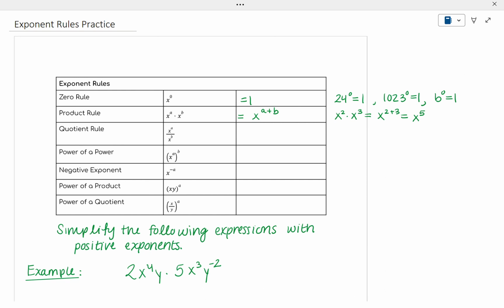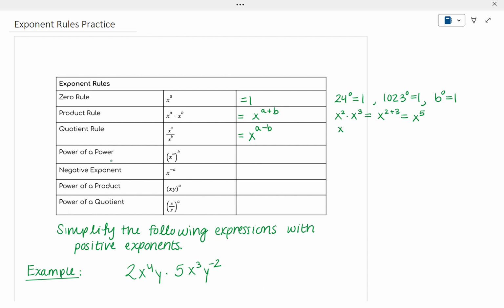For the quotient rule, if we have x to the a over x to the b, how we simplify this is as such, so x to the a minus b. So x to the a over x to the b is equal to x to the a minus b.